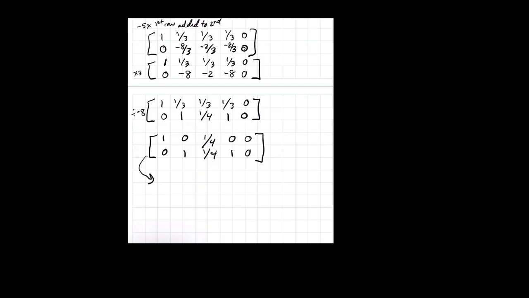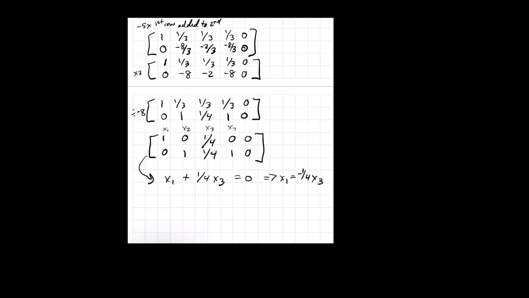If this is our x1 value, here's our x2, our x3, here's our x4. So what do we got? We've got x1 plus 1/4 x3 equals 0, right? And then we can say that x1 equals negative 1/4 x3, right?